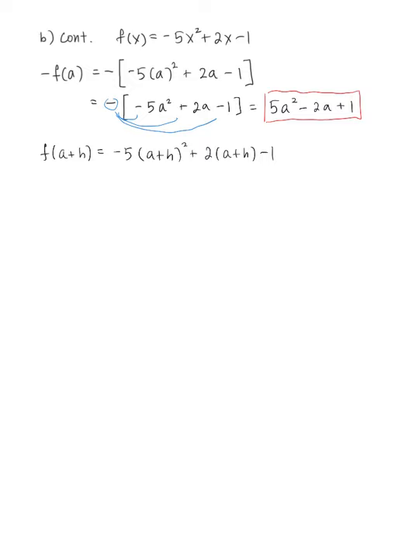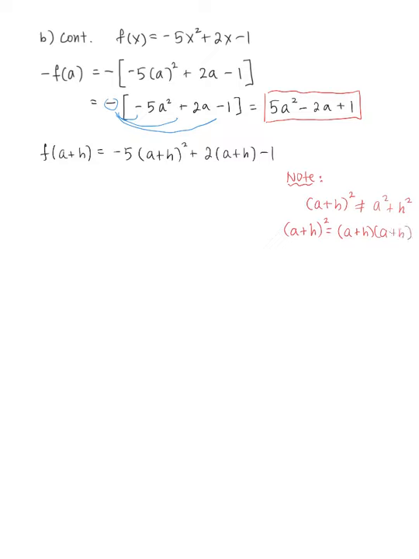I'm going to write this in red because this is a common mistake that a lot of students make in this class. Please note that a plus h squared does not equal a squared plus h squared. Because a plus h squared means that you multiply a plus h twice. So this is a plus h times another a plus h. So you have to FOIL.